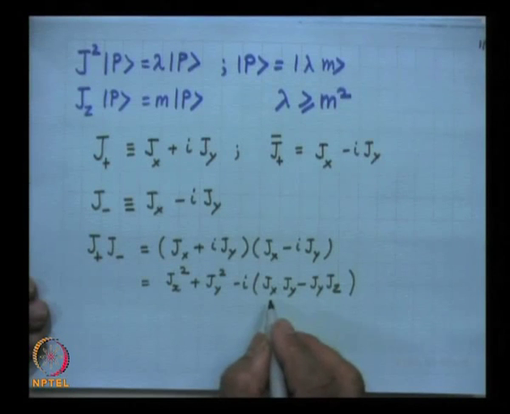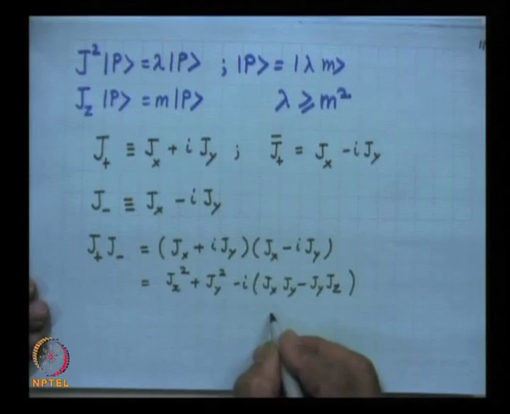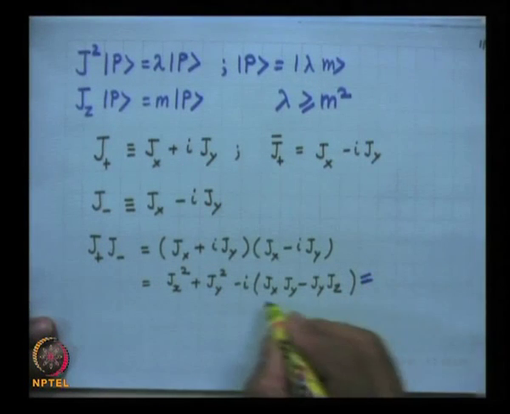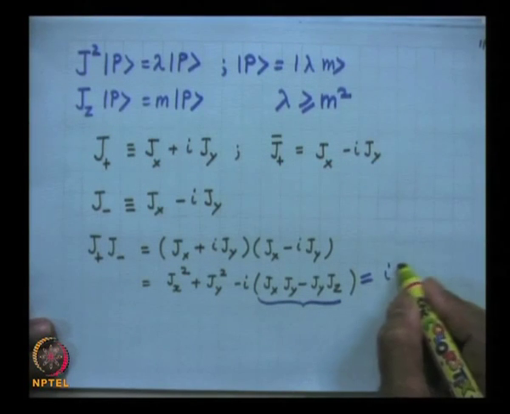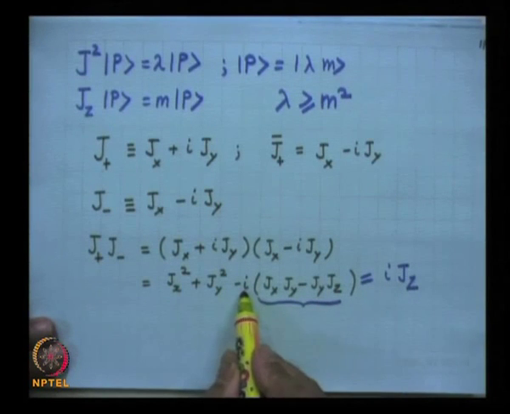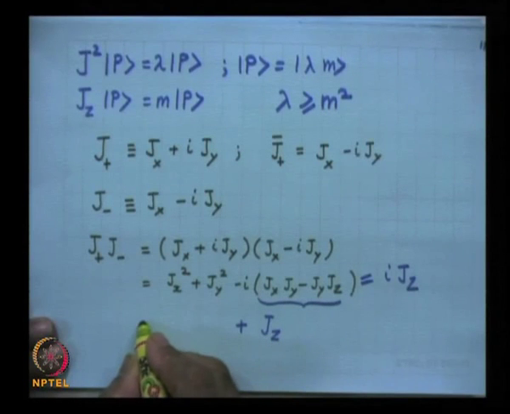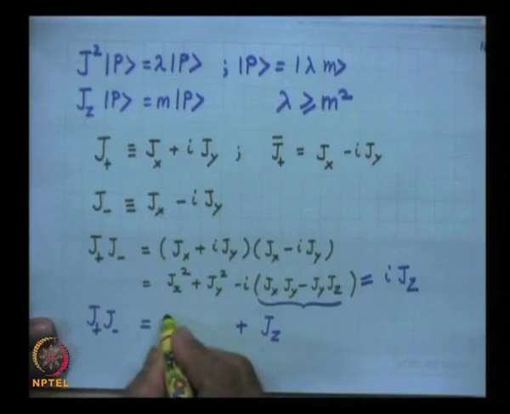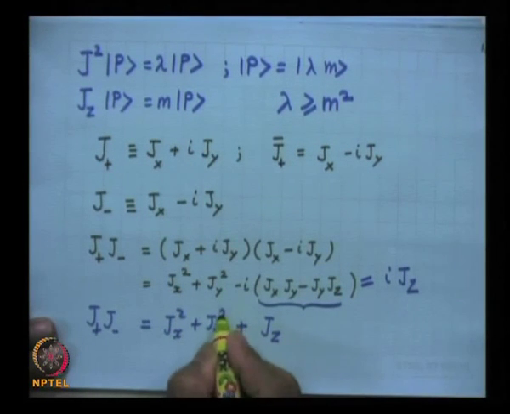So, this is the commutator of j x comma j y. We had shown that this part was equal to i h cross j z. So, i times i is minus 1, so this becomes plus h cross j z. So, j plus j minus becomes j x square plus j y square plus h cross j z.